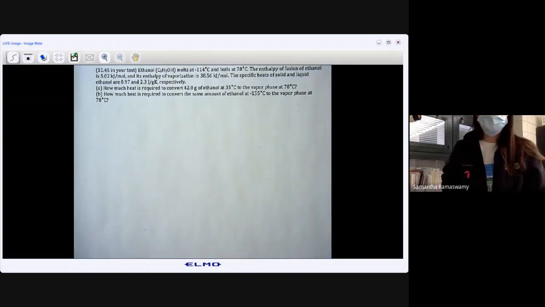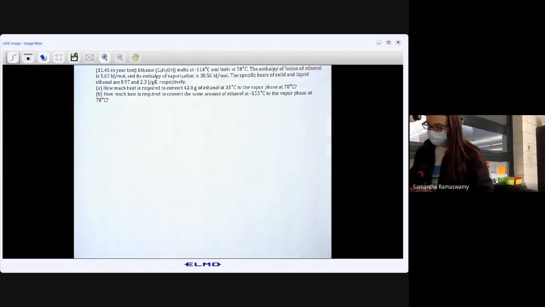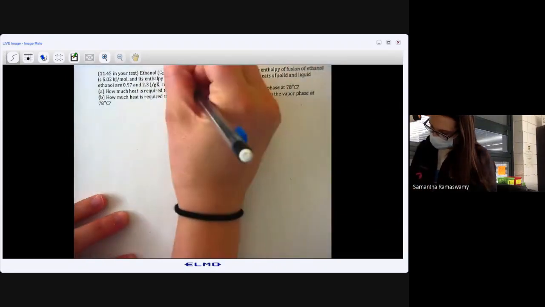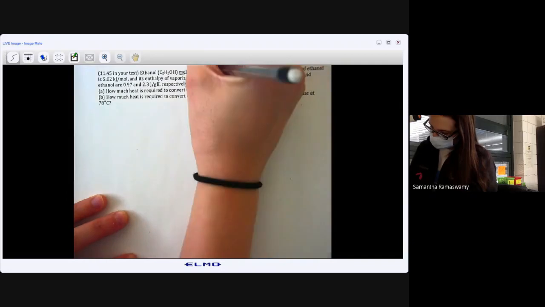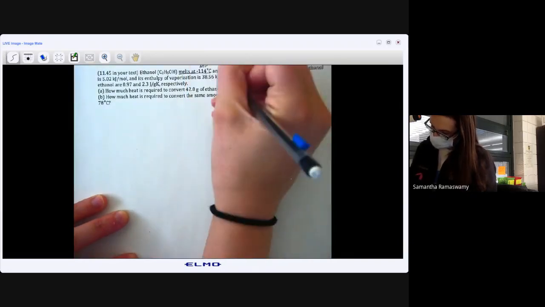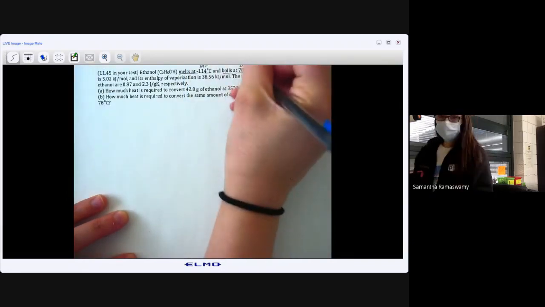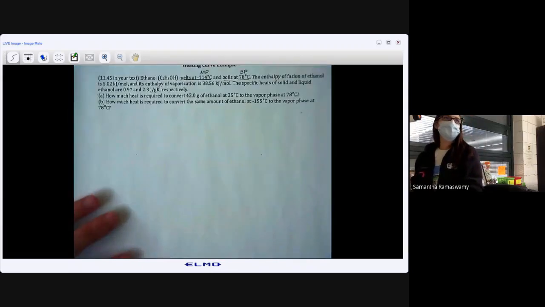It says ethanol melts at negative 114 degrees Celsius and boils at 78. So here's my melting point, and it boils at 78 degrees. Just like before, I'm going to label information.